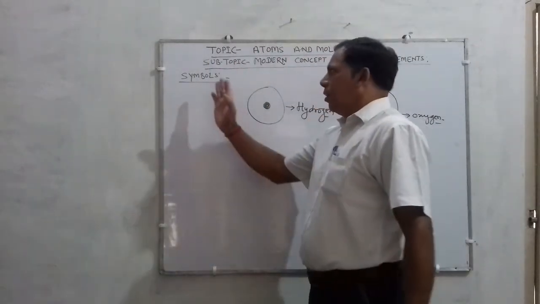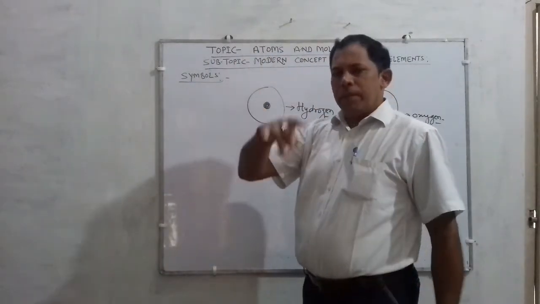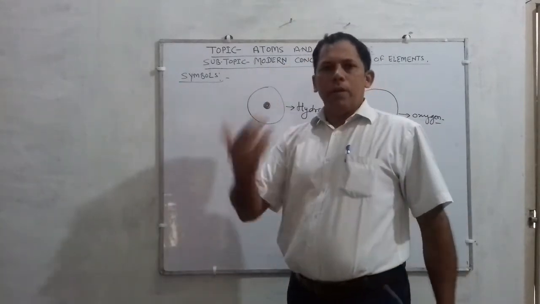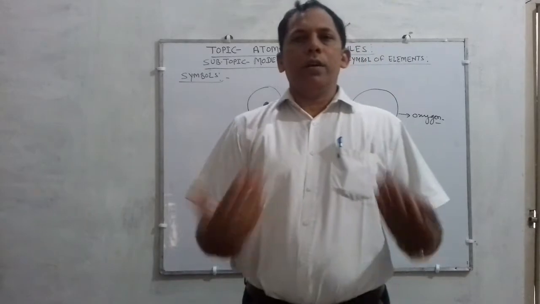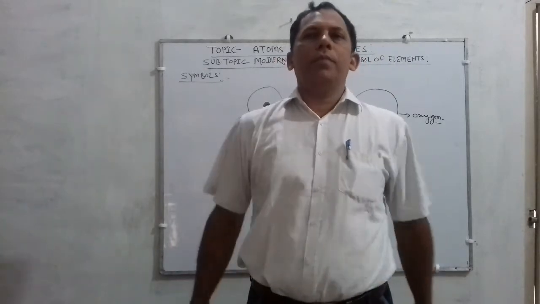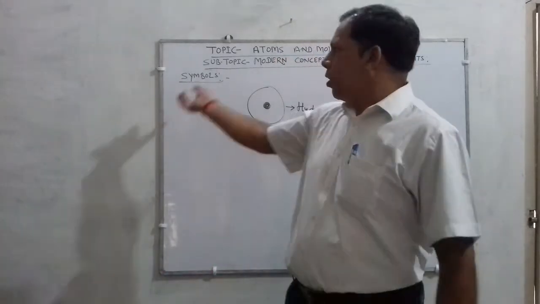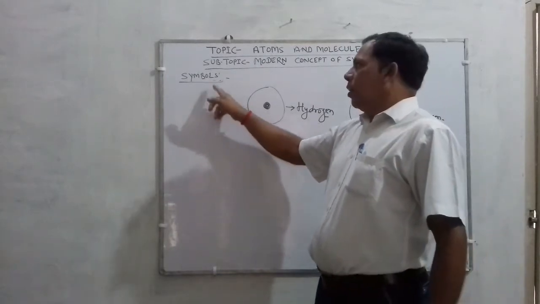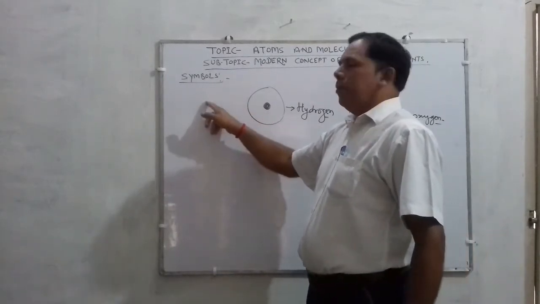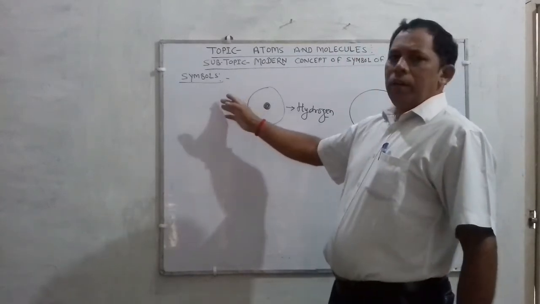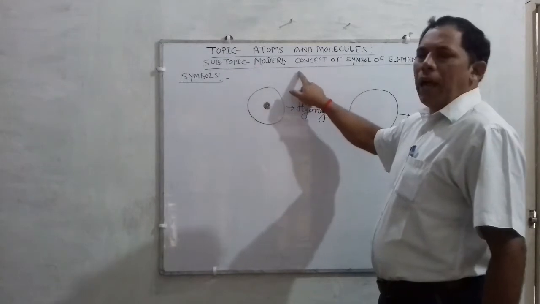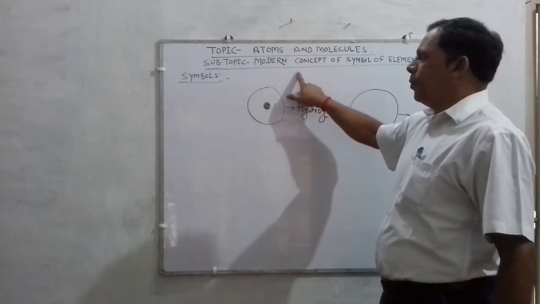So children, in the previous lecture I have already taught you what a symbol is. The symbol of an element is the short notation or abbreviation of that particular element. The symbol of an element is denoted according to Berzelius, and nowadays by the approval of the IUPAC system.